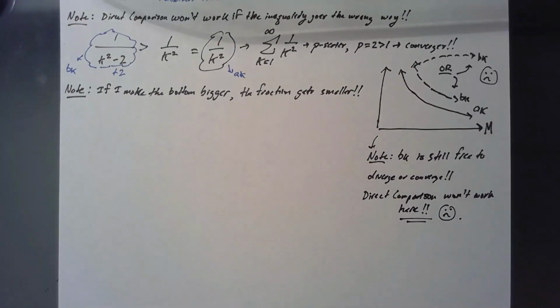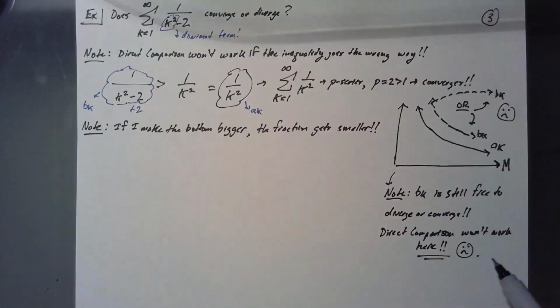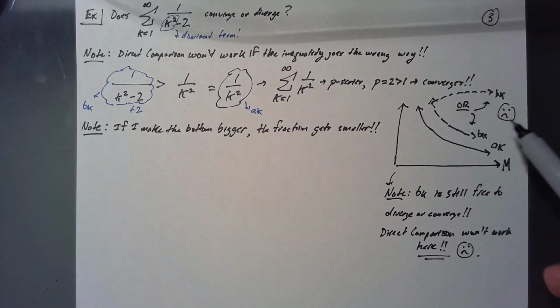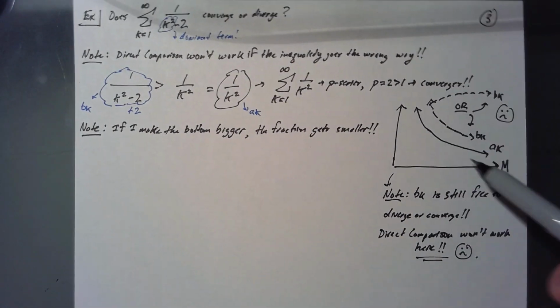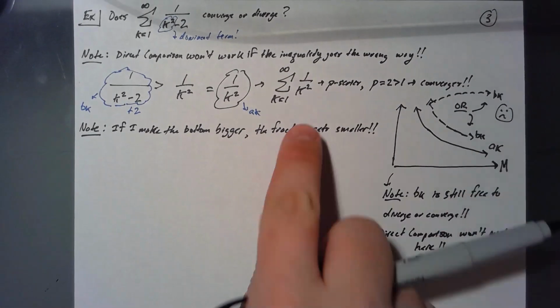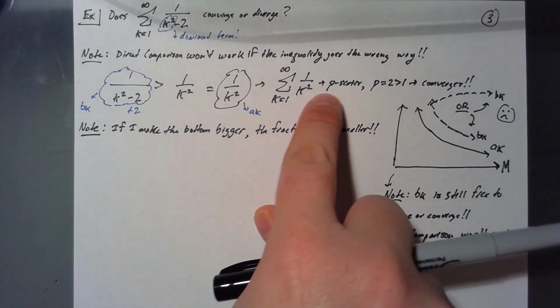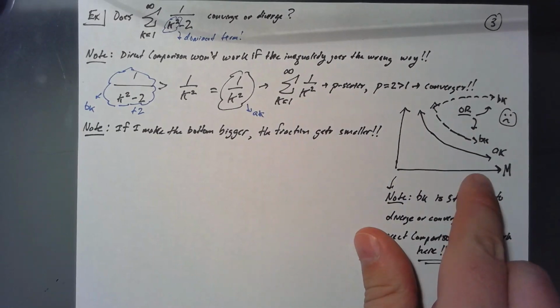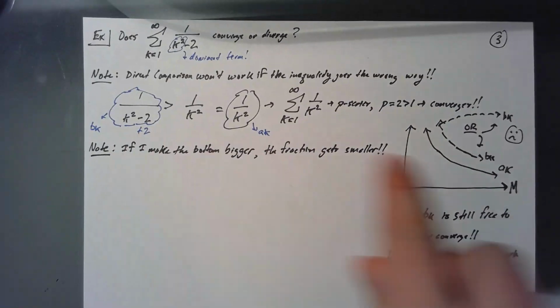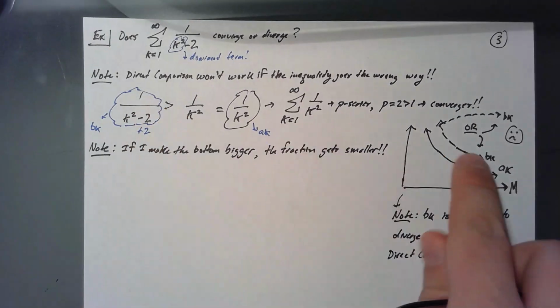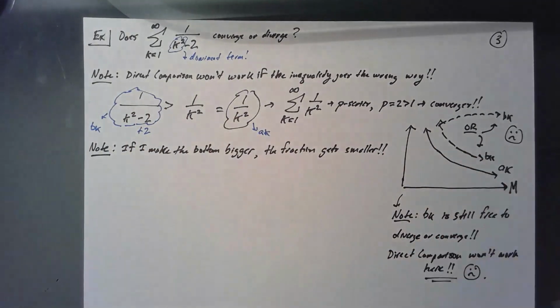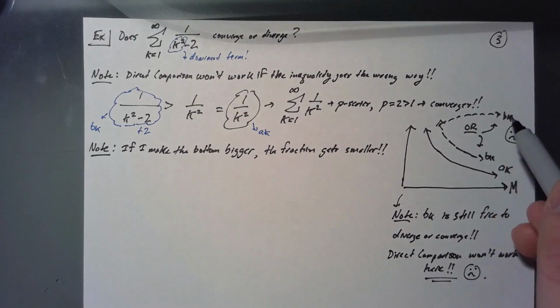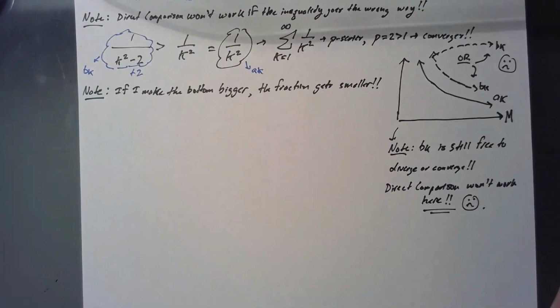Uh-oh. So, hopefully this is starting to make a little sense here. I'm drawing the series that I know what it does. It's the known series. This is a p-series which converges, so I know I could draw it this way. How does b of k compare to it? Well, I know by drawing this conclusion with the inequality, it's above it. But if it's above it, it could do this or this. In other words, direct comparison won't work.